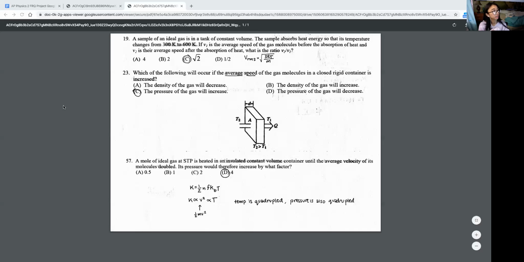From the ideal gas law, if the temperature is quadrupled, pressure will also be quadrupled because temperature and pressure are directly related. That leaves us the answer as D.